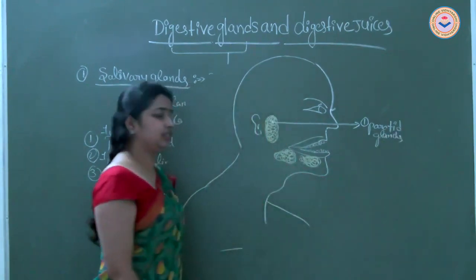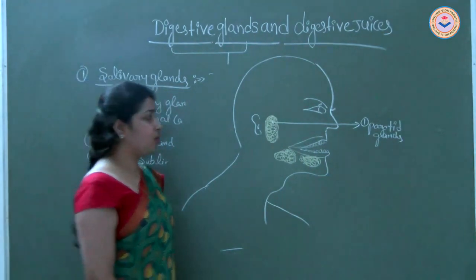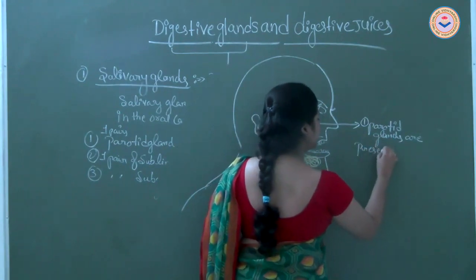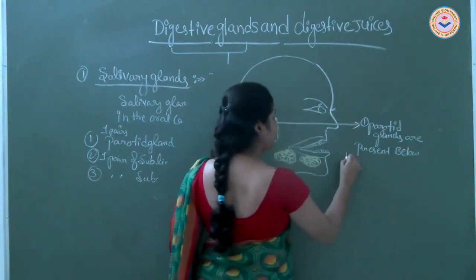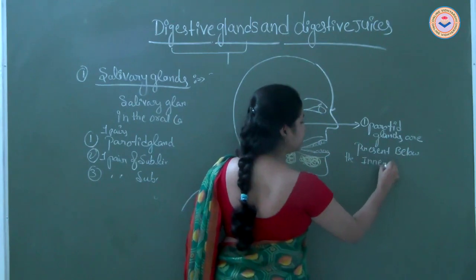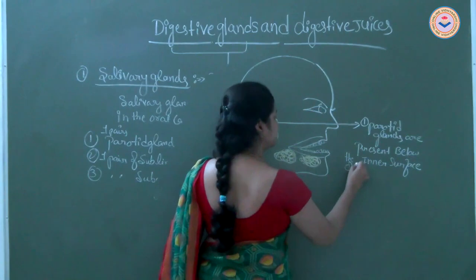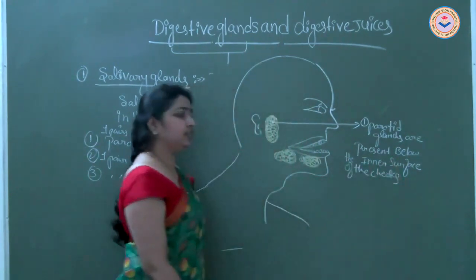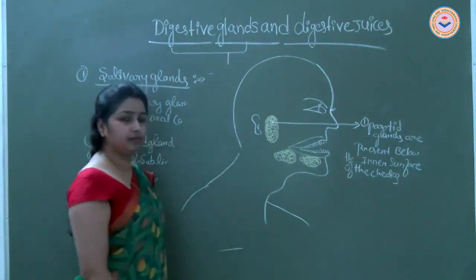The one pair of parotid glands are present just below the inner surface of the cheeks, near the ear.